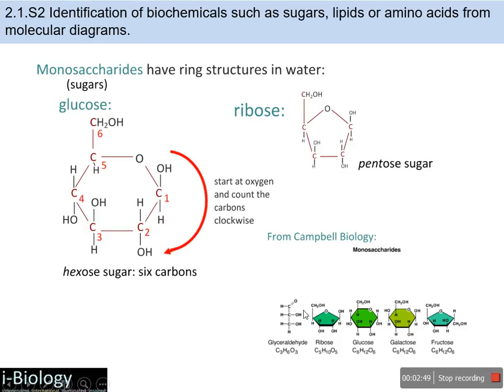You can see a few other examples down here of other sugars. You've got glyceraldehyde, ribose, glucose, galactose, and fructose. So these would all be monosaccharides. Now, all monosaccharides have ring structures in water, so they all form this big ring structure.